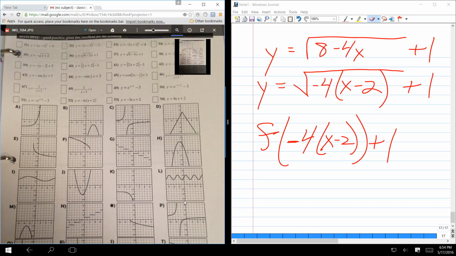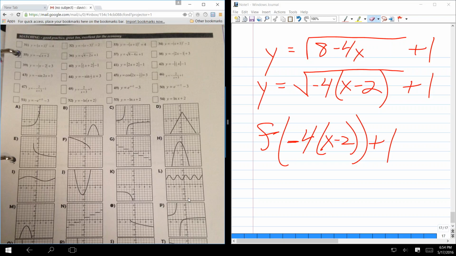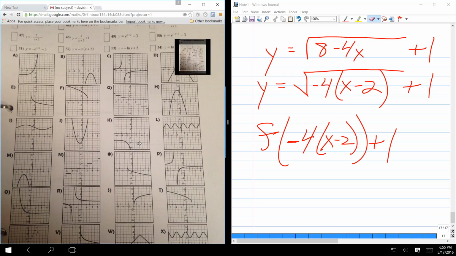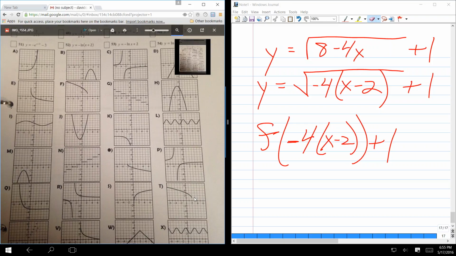36 is t. And this is more than just seeing the shape. In other words, when we have two shapes that look pretty similar, like f and t, then we have to check a point. The point I checked was when x was 0. Well, over here, y is 3, and up here, y is 4.